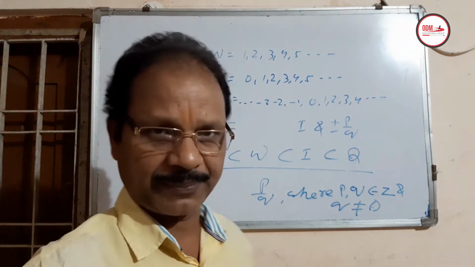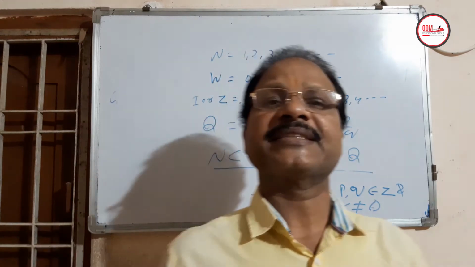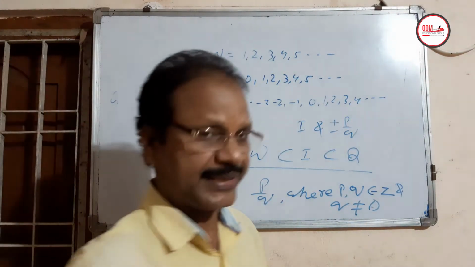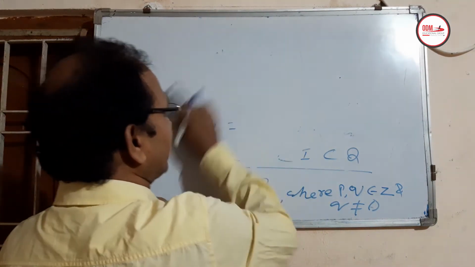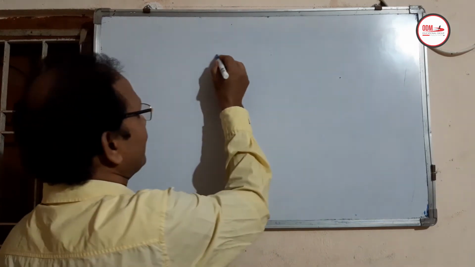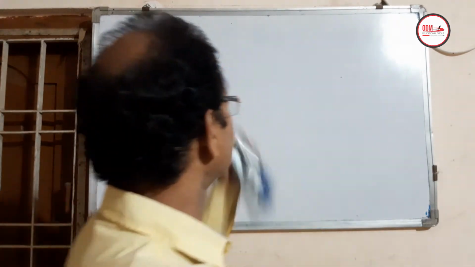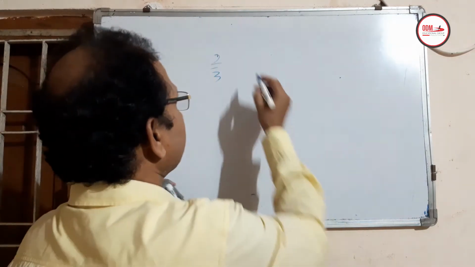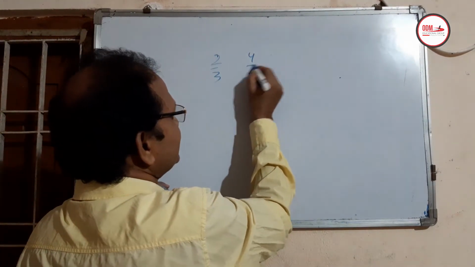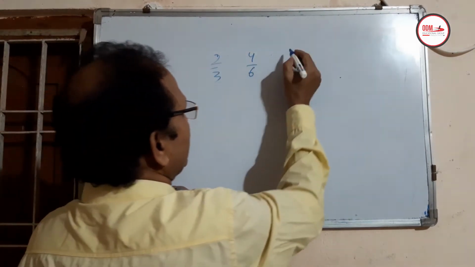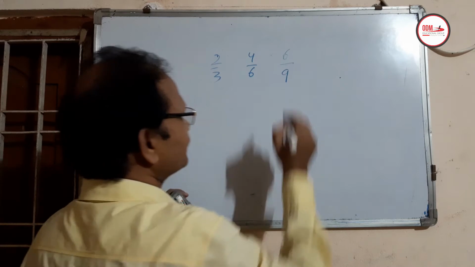This is rational numbers. Now we shall discuss equivalent rational numbers. Suppose I write a rational number 2 by 3, or you can say it is a fraction. When you multiply both numerator and denominator by 2, we get 4 by 6. When you multiply both by 3, we get 6 by 9.